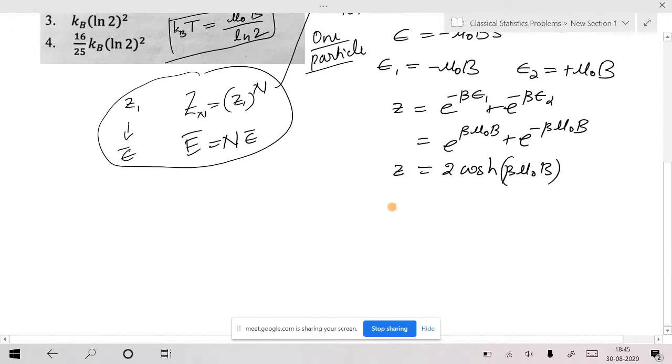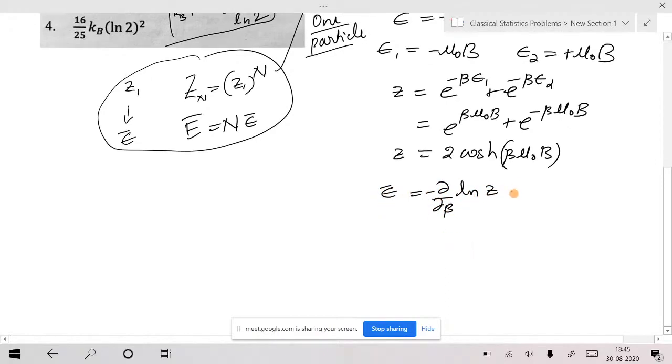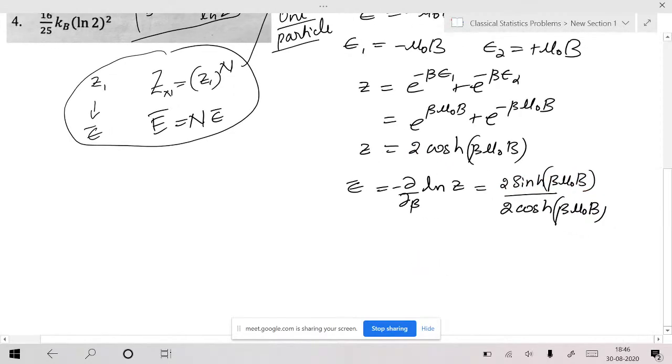Then what is the average energy? Average energy would be minus dou by dou beta of ln of Z. That's equal to, what is this one? 2 cosh beta mu naught B into 2 times sinh beta mu naught B multiplied with mu naught B. Tell me if any steps are wrong.